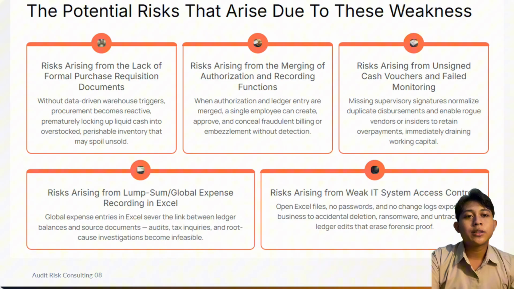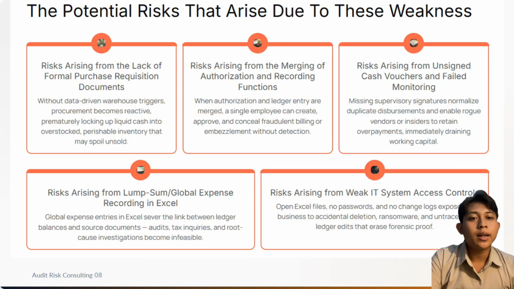Recording costs globally as a lump sum completely severs this link. If an external auditor, tax authority, or owner attempts to investigate a cash discrepancy, it will be impossible to isolate which specific item or vendor caused the anomaly.